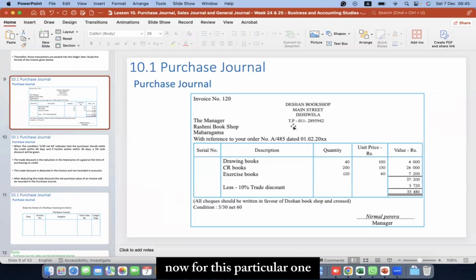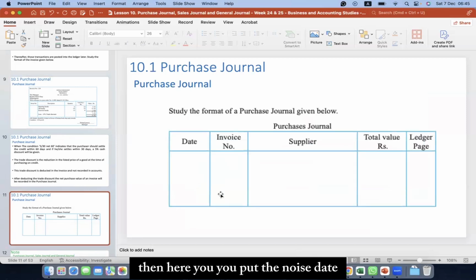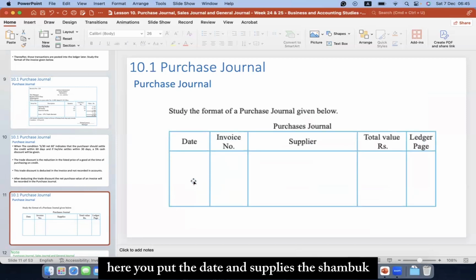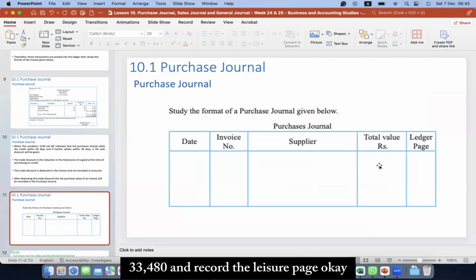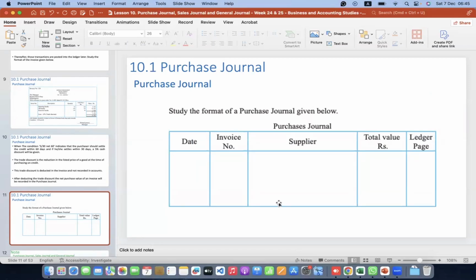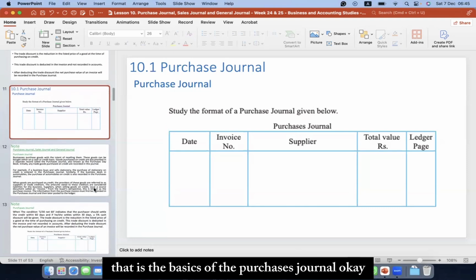For this particular one, let's say it's dated 1st February 2024. Invoice number 120. Then here you put the invoice date, and supplier is Deshan Book, and total value is 33,480, and you record the ledger page.